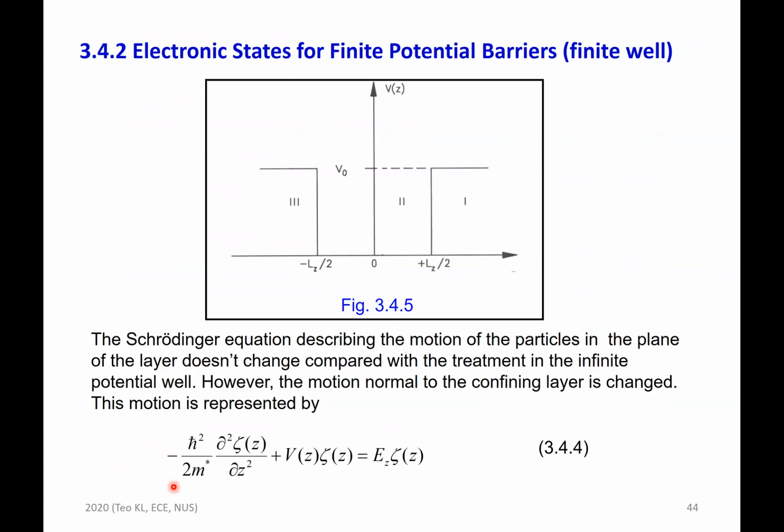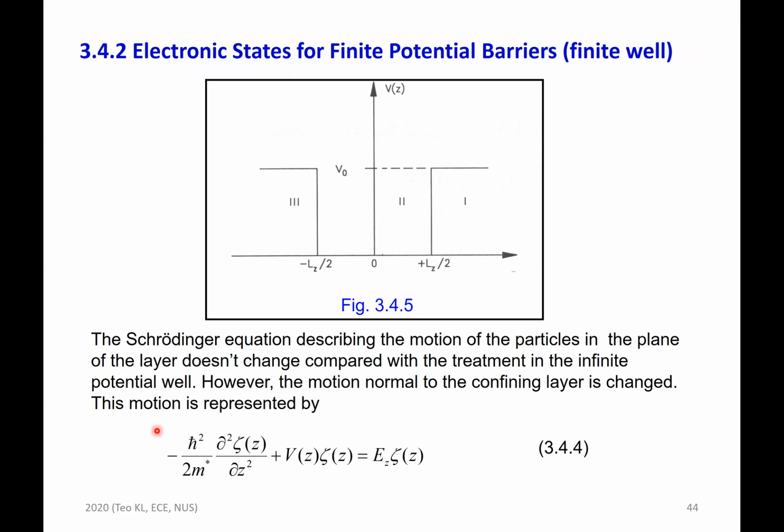For the electronic state of a finite potential barrier, or a finite well, your quantized levels are finite. Beyond the potential barrier height, there are no more quantized levels.